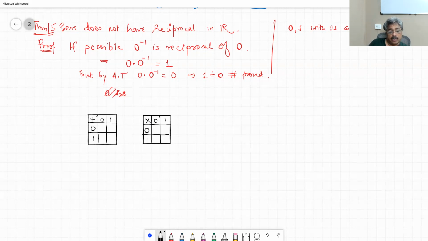So we have only 2 real numbers and we would like to define addition and multiplication.